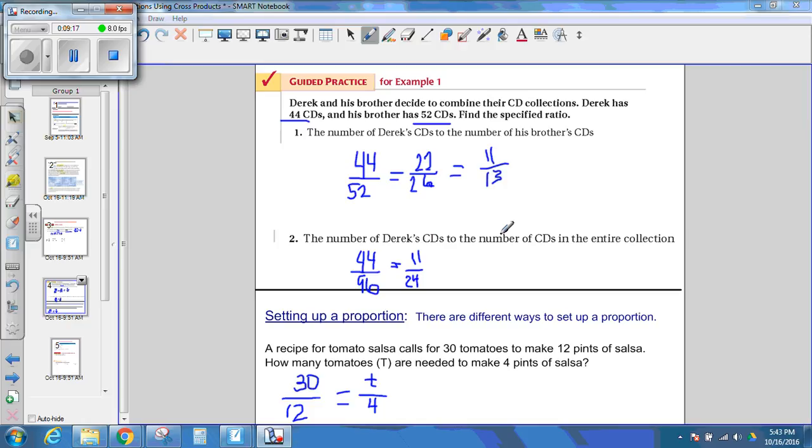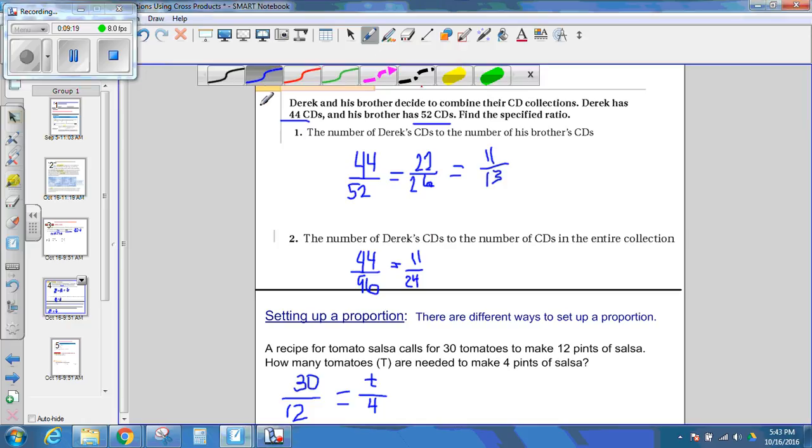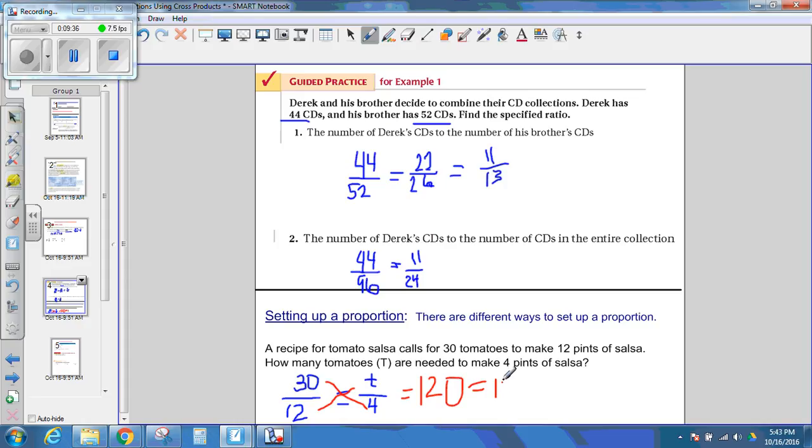Okay, here's when we use that cross product concept. So we're going to actually cross multiply. So we get 30 times 4, which is 120, equal to 12 times t.